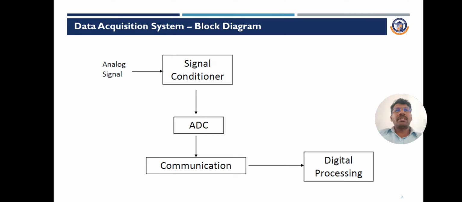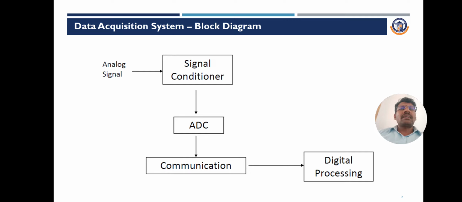In this session we are going to discuss the block diagram, which has an analog signal fed into the signal conditioner. Signal conditioning includes functions like amplification, filtering, isolation and multiplexing. After that, the signal goes to the ADC, the analog to digital converter, where the analog signal is converted into a digital signal.